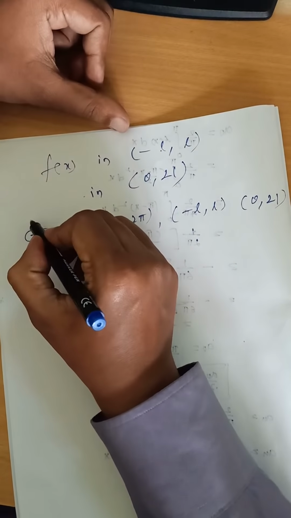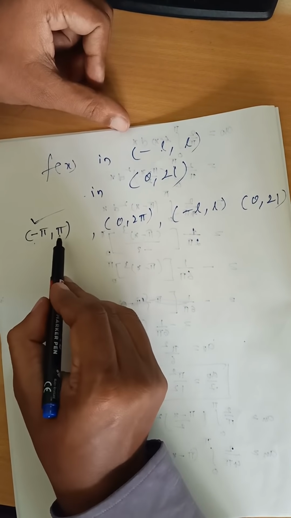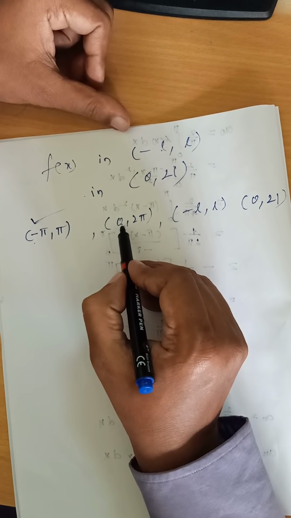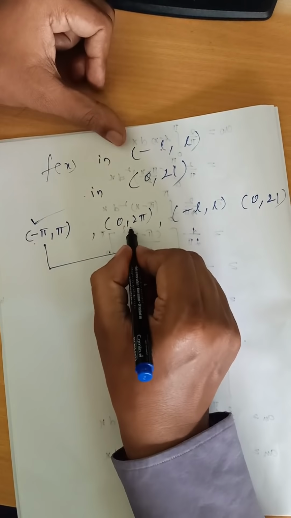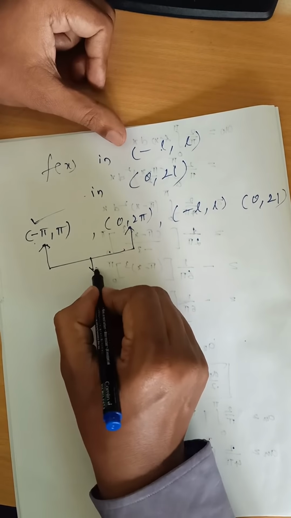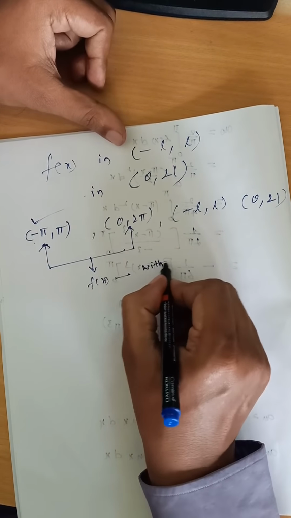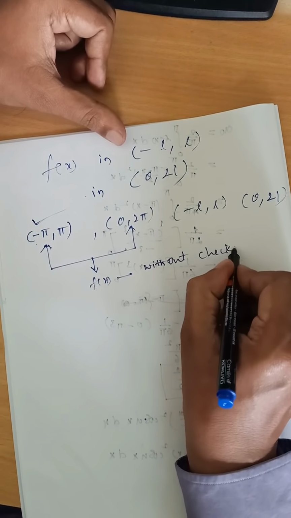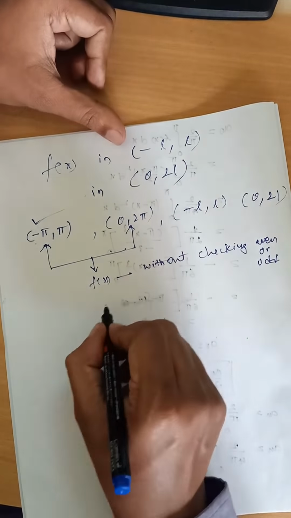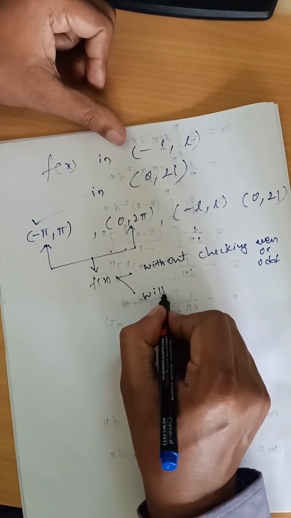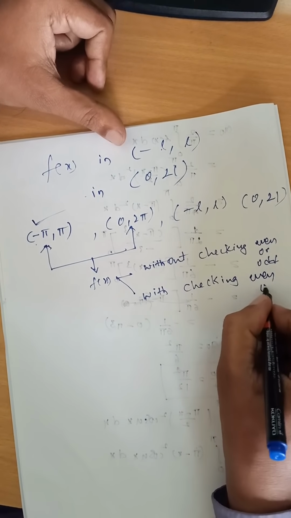So up to this stage we constructed the Fourier series of f of x in minus pi, comma plus pi and in 0, comma 2 pi. We have two options to construct the Fourier series of f of x. One is without checking even or odd, another option is with checking even or odd.